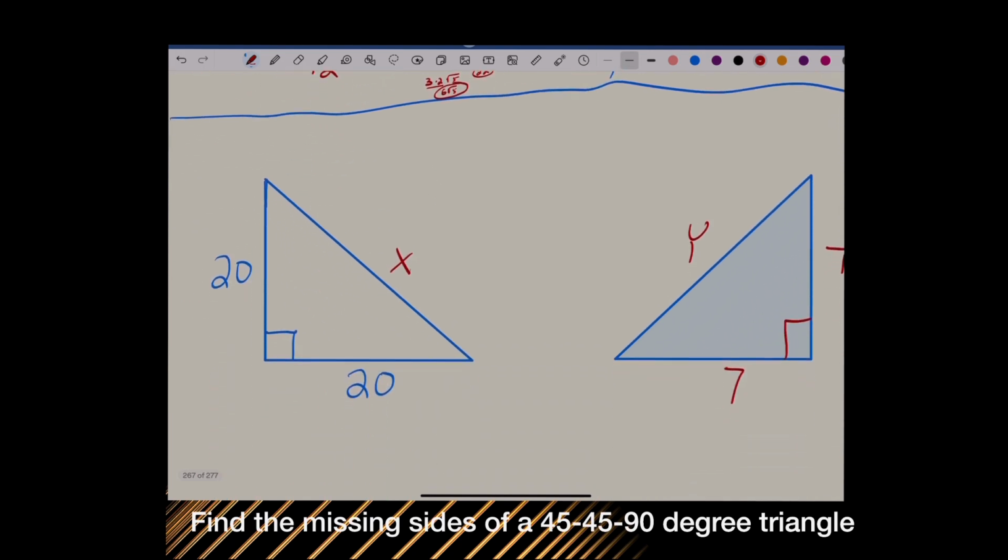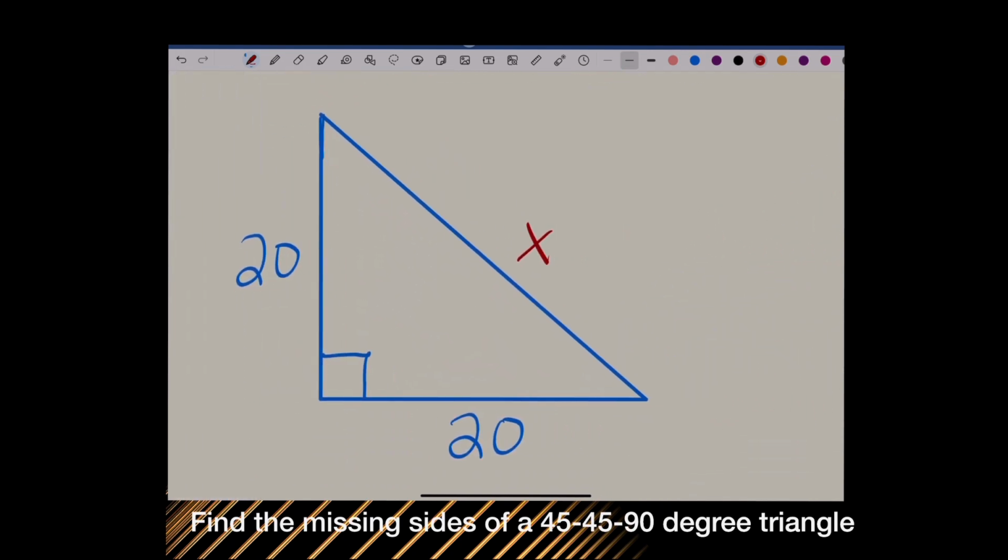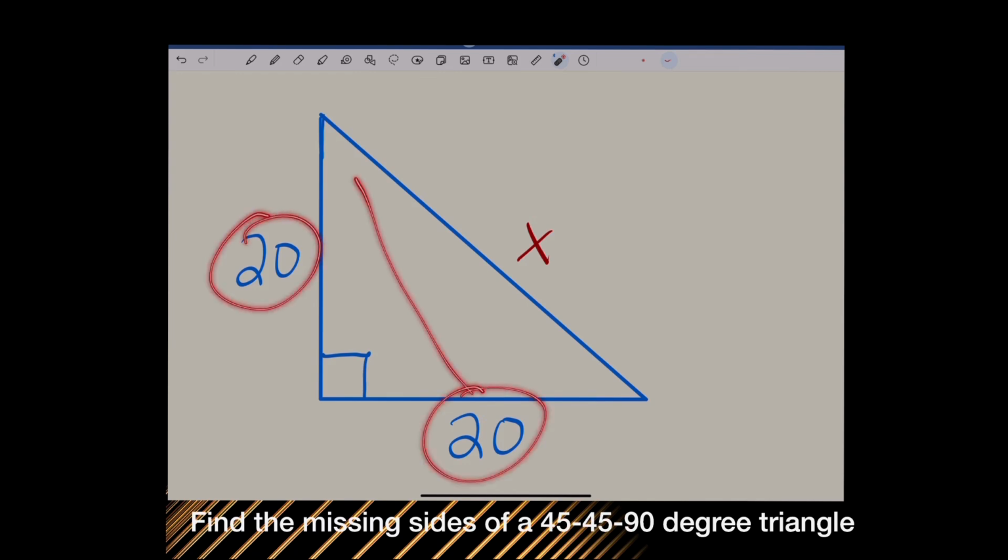Okay, so if we look at this first example, I've got a right triangle. I've got an angle down there. I've got two sides that are both 20 and 20, so that means we've got an isosceles triangle. Now, how do I know that the measures of those angles are 45? Well, if you remember from triangles in the past, if the lengths of the sides are the same, the opposite angles are going to be the same as well.